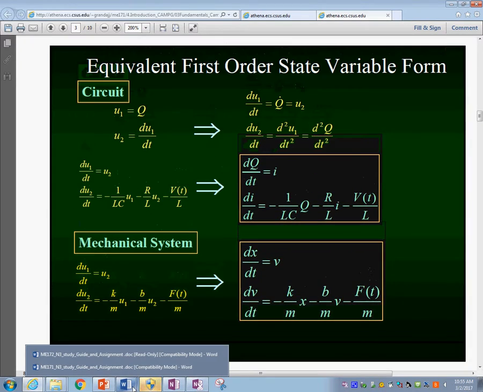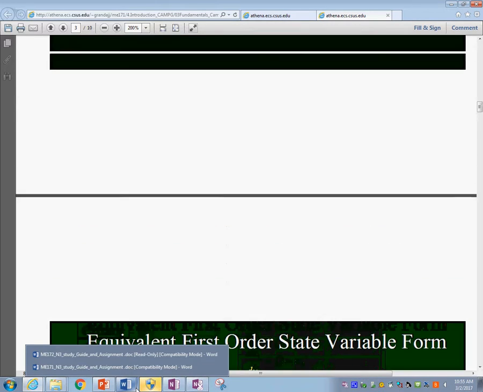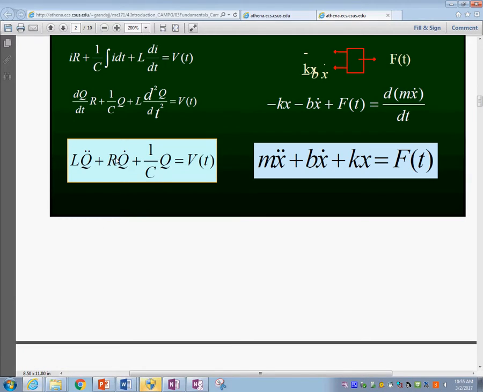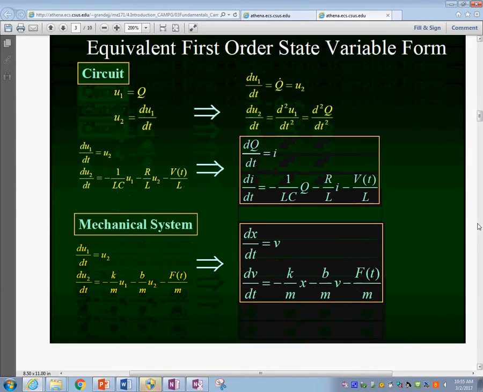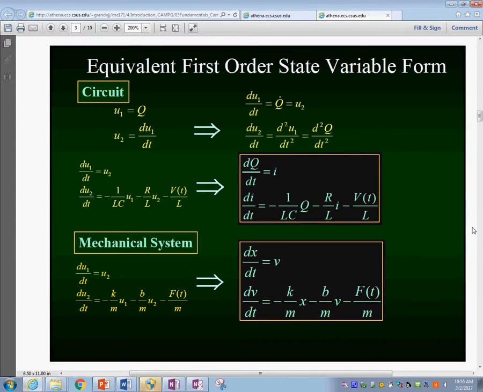From those equations, you could transform them into first order and get the state space form, or you could directly describe these equations to Simulink, using double integration, and then you get the result. Or like I said, you reduce them to first order like you see over here. This is the circuit here, and this is the mechanical system.